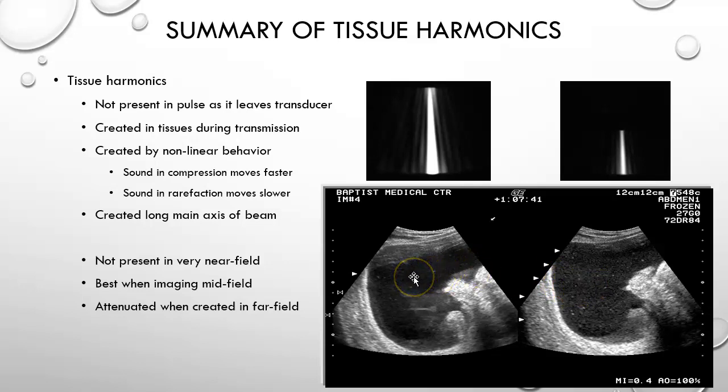So when you're in your fundamental frequency, you don't see a lot of these, but when you turn it up and you're looking at the harmonic frequency, we see a lot more of the small Rayleigh scatterers. And then you can also see that in the distal portion of the bladder here that this actually is debris and not just a reverberation artifact. And it's much clearer where the TURP procedure occurred on this patient.